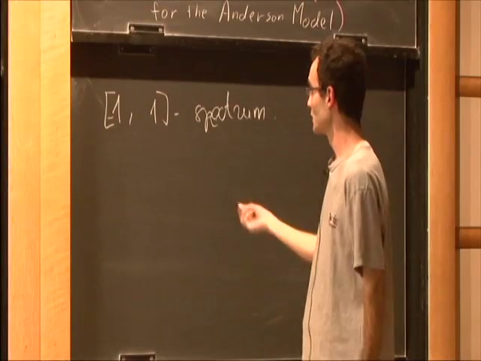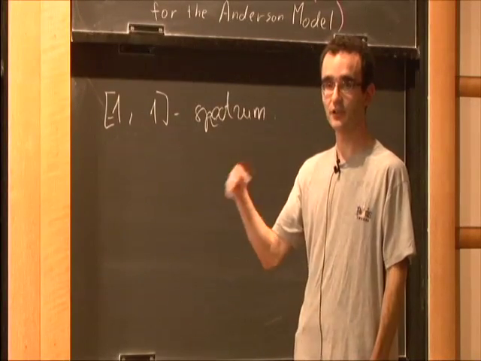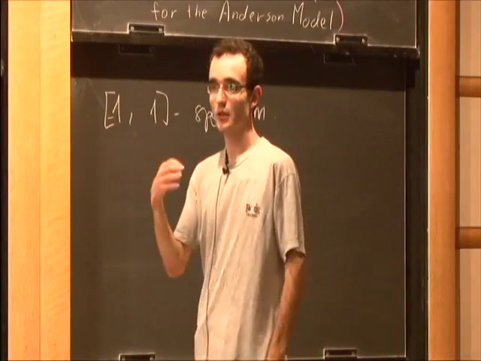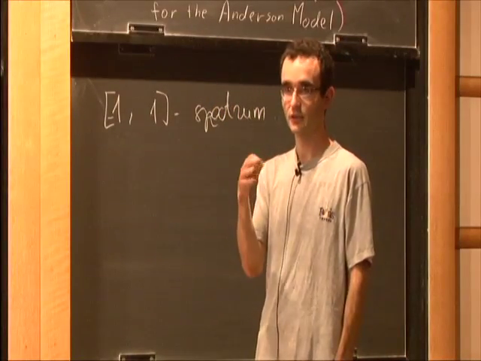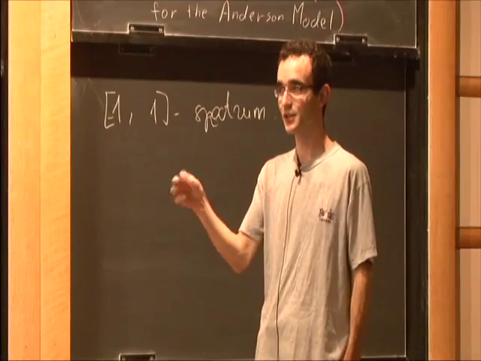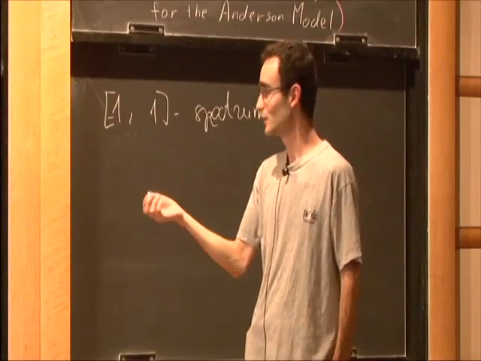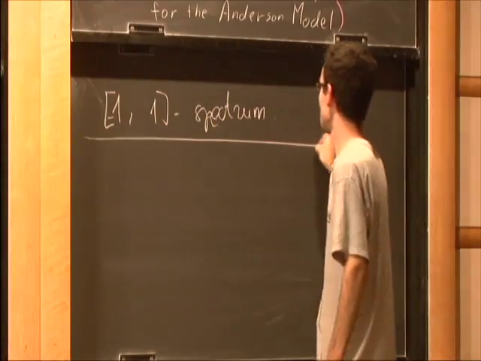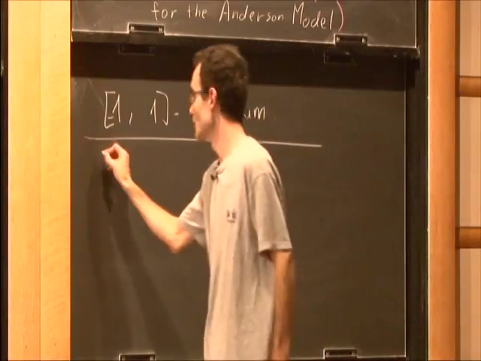There are very precise conjectures, and even a very convincing derivation at the physical level of rigor, but hardly any mathematical results. So let me tell you what happens.